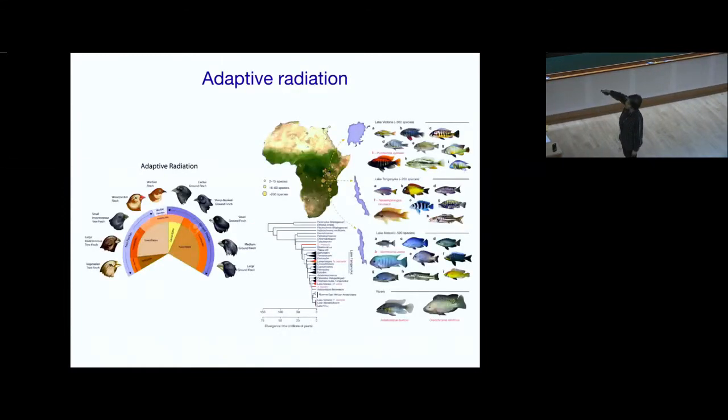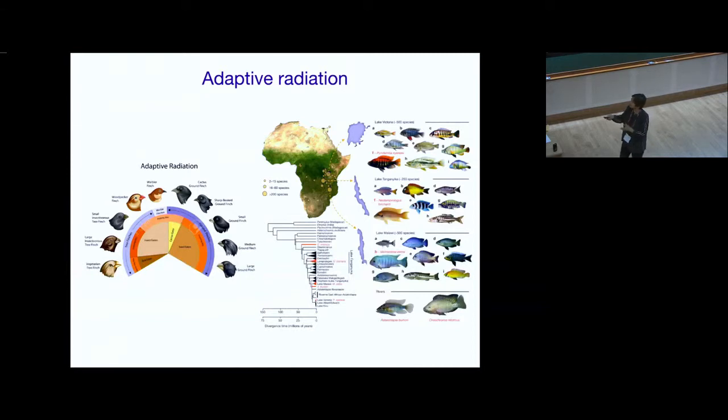So here are the promised examples of adaptive radiation. Many of you have heard about the Galapagos finches, right, Darwin's finches, on the Galapagos Islands. What we know now from decades of research is that there was an original single species of finches which colonized the islands, and over time gave rise to a large number of species within a relatively short time span, each of which is specialized, adapted to a different food source.